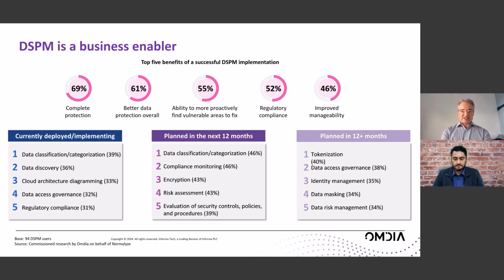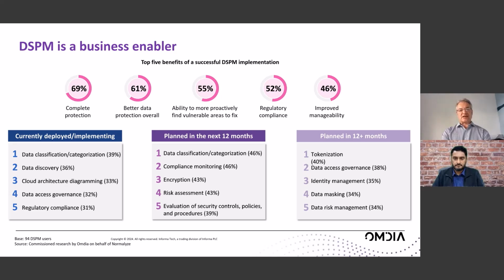So some statistics here again from the recent survey: 69% wanting complete protection, 61% better overall protection, 55% ability to proactively find vulnerabilities and fix them, regulatory compliance, so obviously important, over half, and then 46% looking to improve manageability.